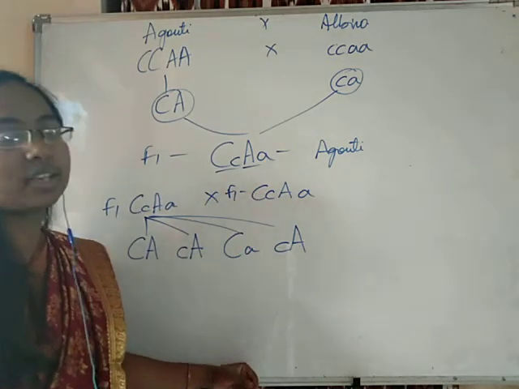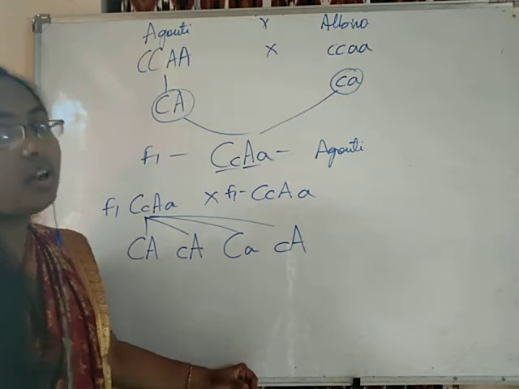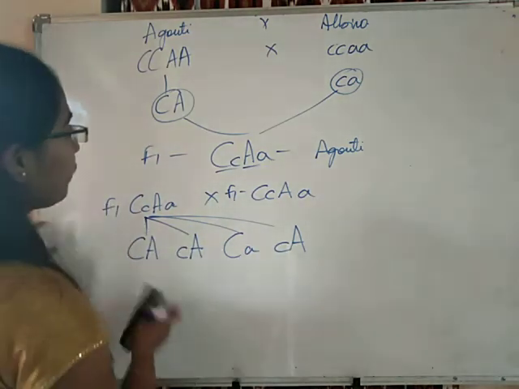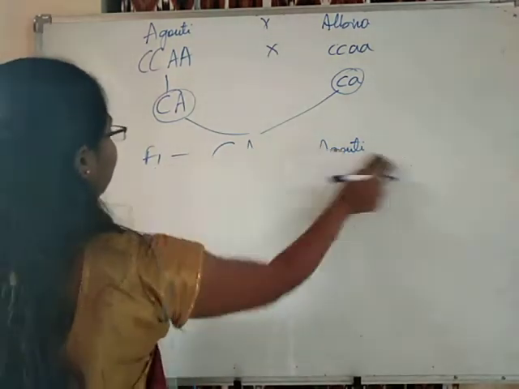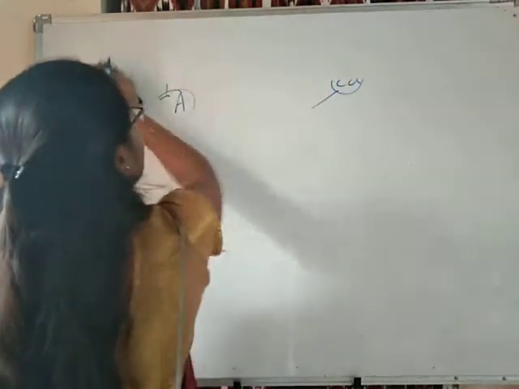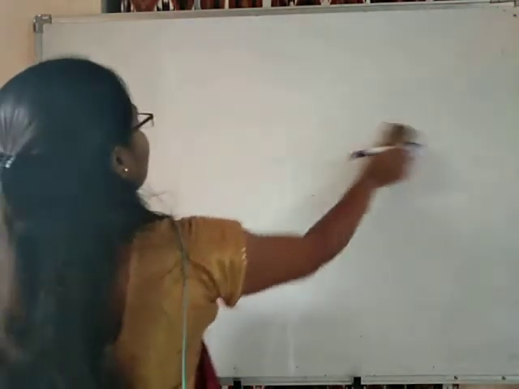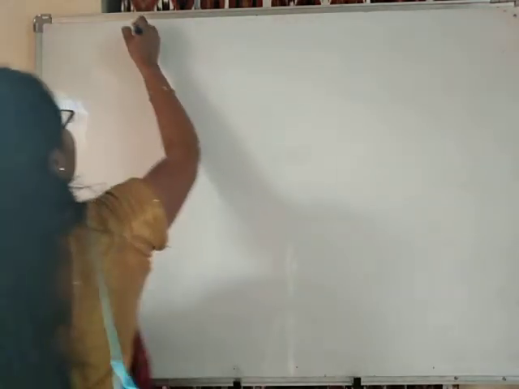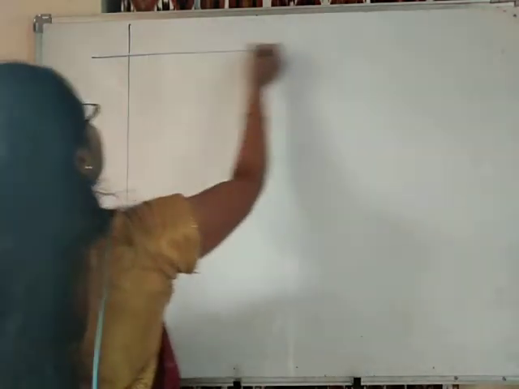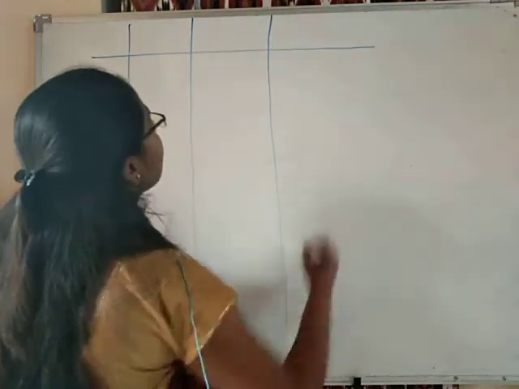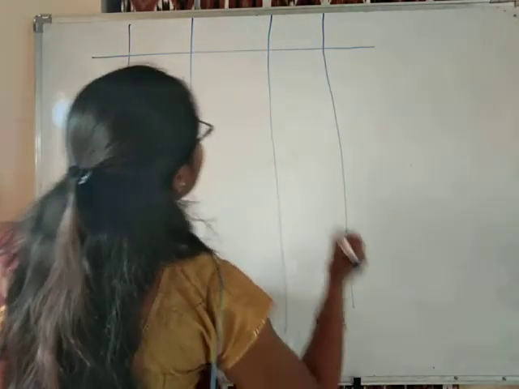Let us now see what the cross will be after crossing the two F1 agouti individuals. Cross making is simple, but identification of the phenotype is tricky.